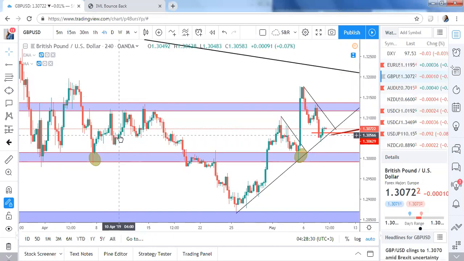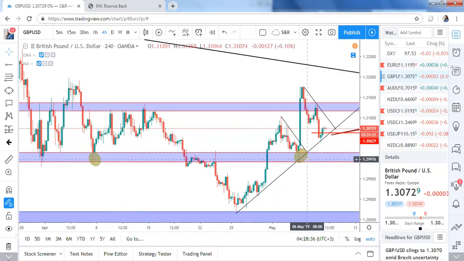So they basically trade it in between support and resistance zones. Trend line traders obviously draw a trend line when they see an uptrend or a downtrend, and they then sell or buy based on the rejection of that trend line. So if they see rejection here, they're going to buy on the trend line.